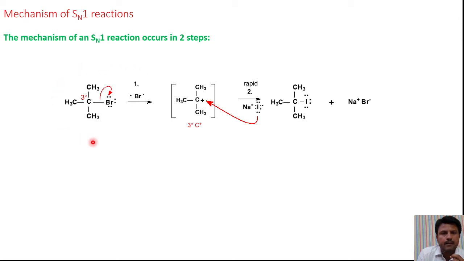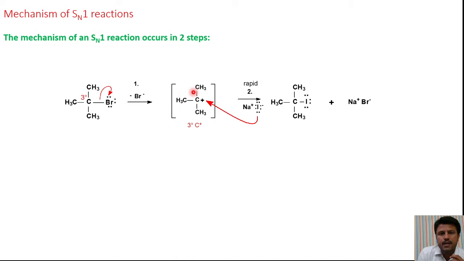In the first step, from the alkyl halide, the halide ion will leave and a carbocation will be formed. This is the slow step. As we know, the slow step is the rate determining step. In this rate determining step, we have only one reactant, that is alkyl halide.